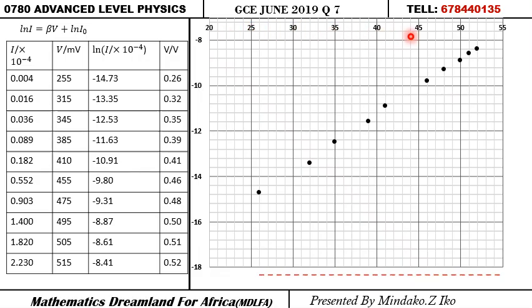You notice that from here, if you take this axis times 10 to the minus 2, it means you have 26 times 10 to the minus 2. So take 26 times 10 to the minus 2, you will still have this value 0.26.